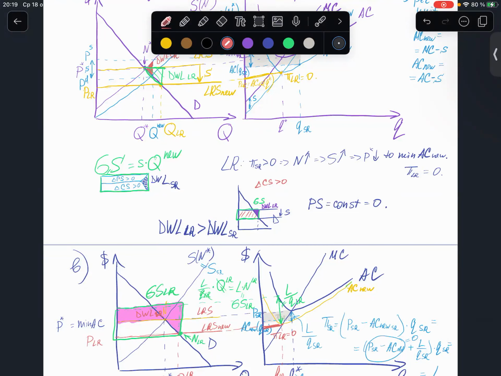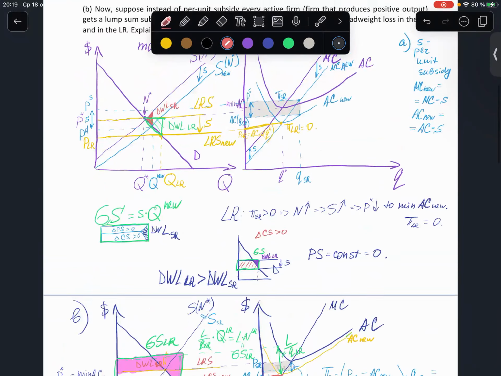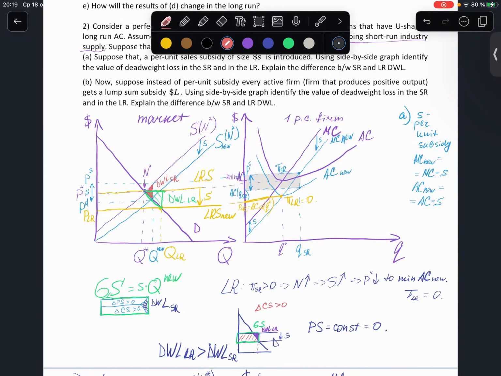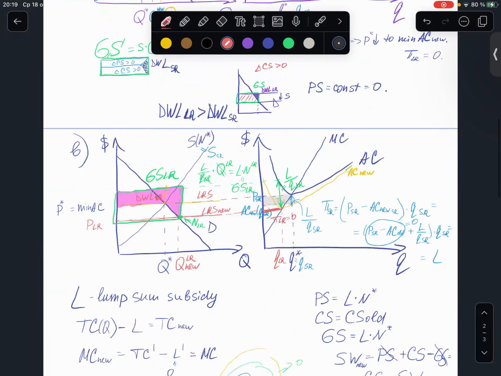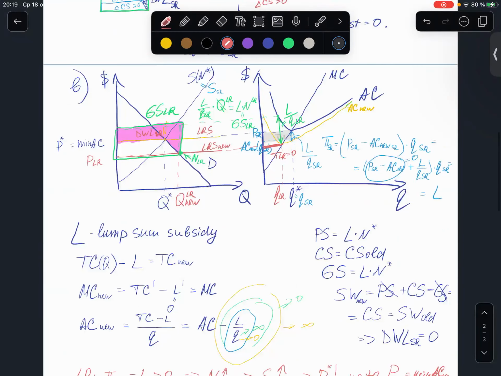So that's the answer for number 2. Explain the difference between short run and long run deadweight loss. In point B, the explanation is the same. Because in the short run, under lump sum subsidy, all government spendings goes to producers.